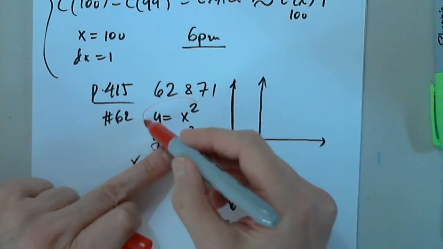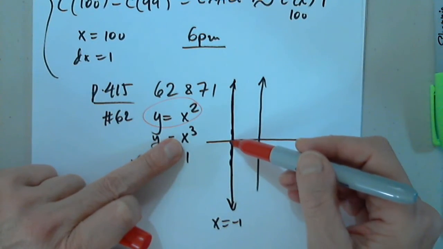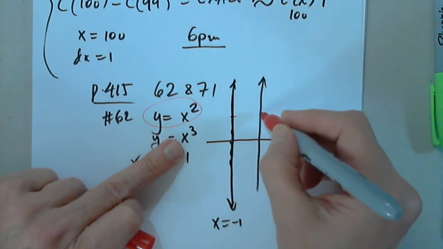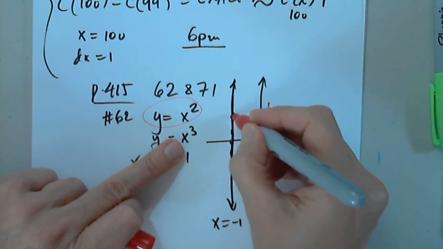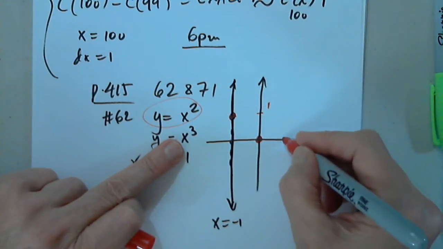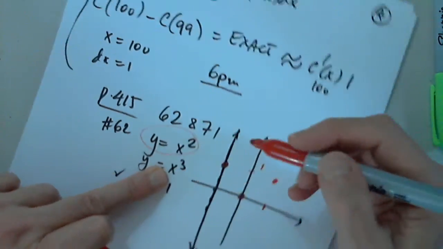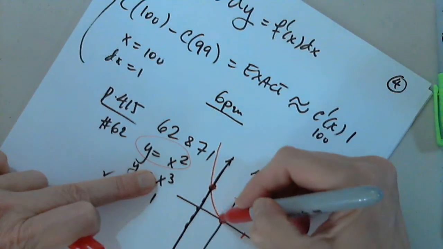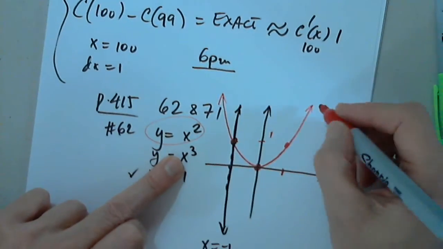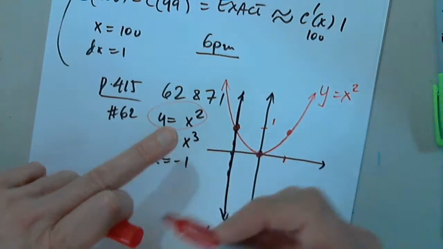When x equals -1, -1 squared will be 1. When x is 0, y is 0, and at 1 is also 1. So this is the graph of y equals x squared.